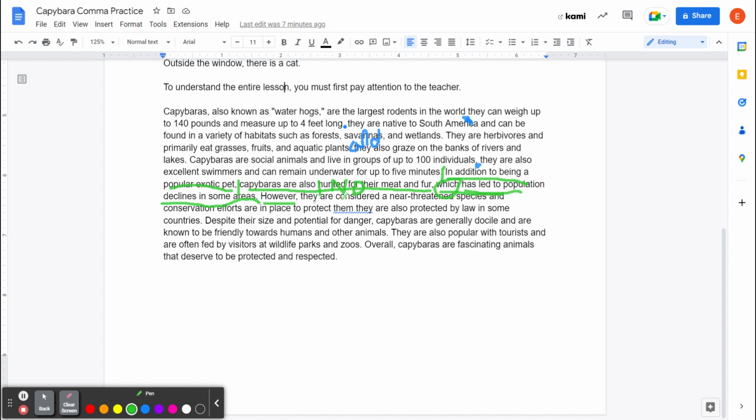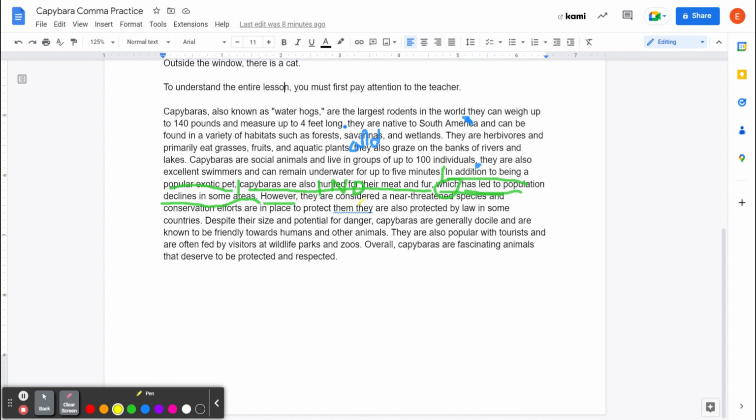That comma is needed. They are considered a near threatened species and conservation efforts are in place to protect them. Okay, seems like a complete thought. They are also protected by law in some countries. This is a fused sentence right here, and obviously Google Docs is telling me that it is.